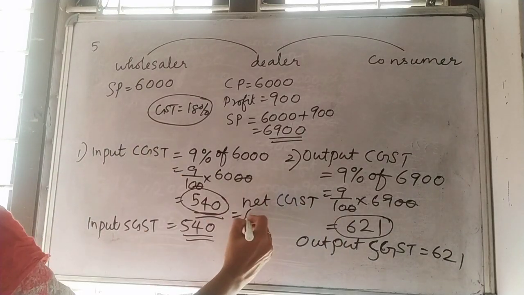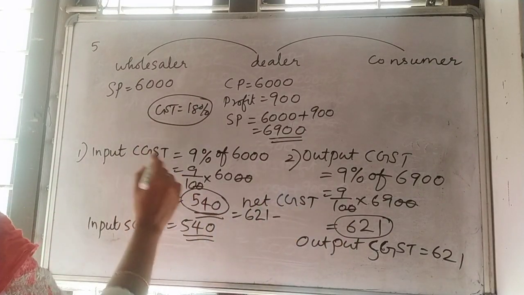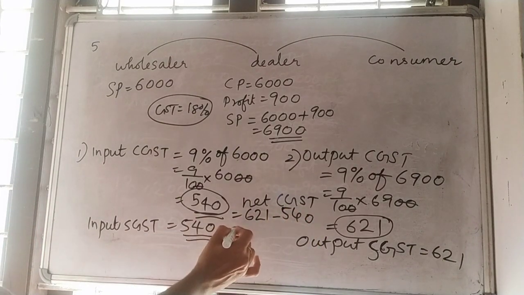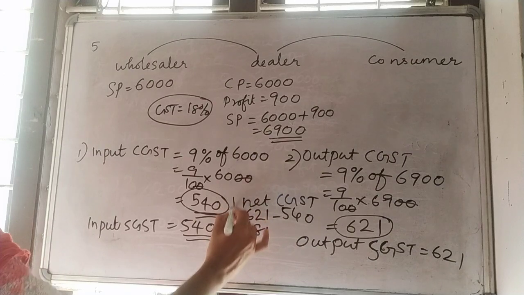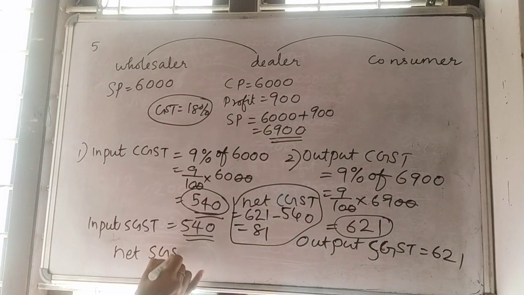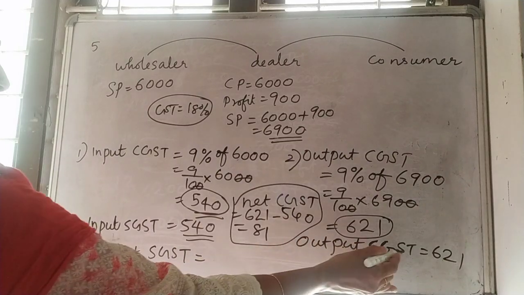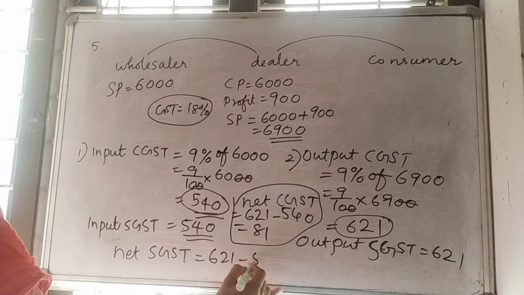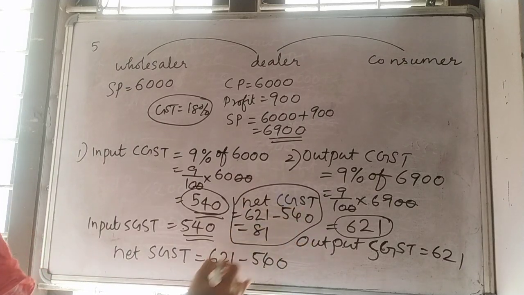Output CGST is 621 minus input CGST 540. So net CGST will be 81. Similarly, net SGST also will be output SGST minus input SGST. Here also 621 minus 540, same as this, we will get 81. So net CGST and net SGST will be 81.